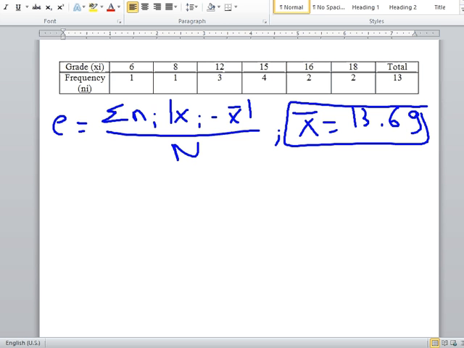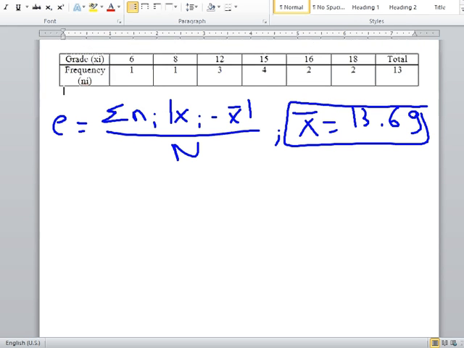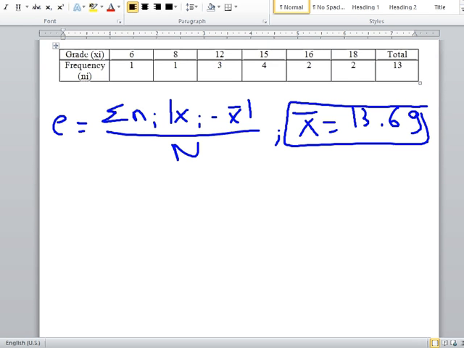Okay, so to save space I wrote x bar here, and this is the formula for the mean deviation. E equals... okay, you look at the frequency of the first one, it's 1.